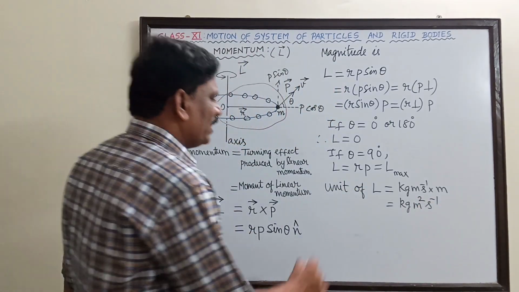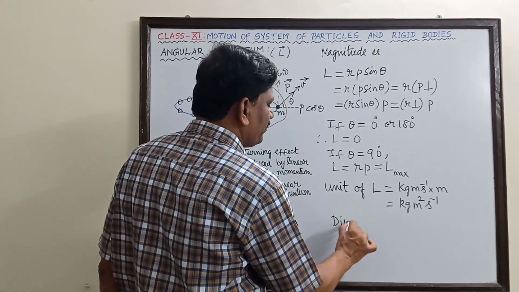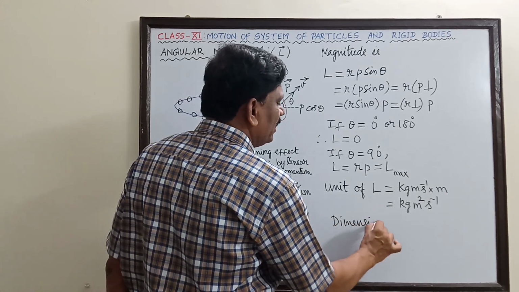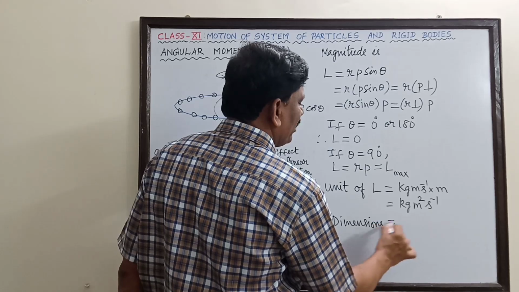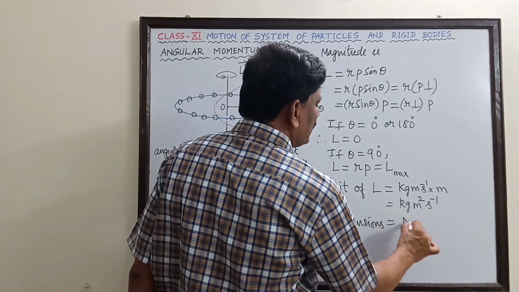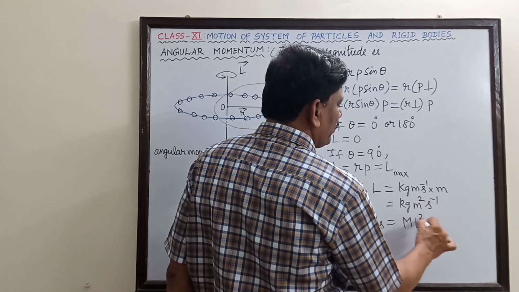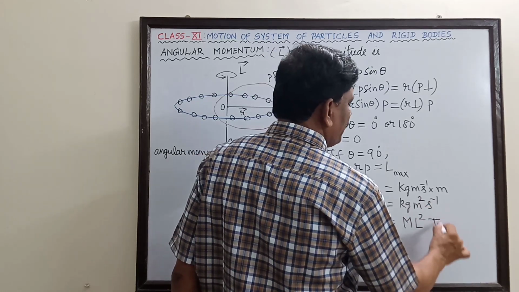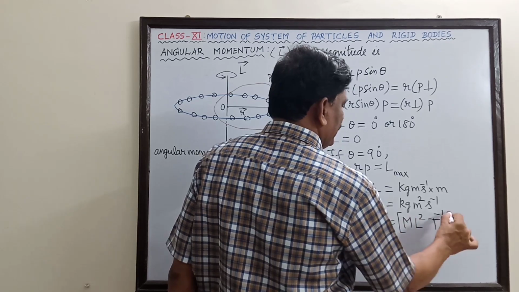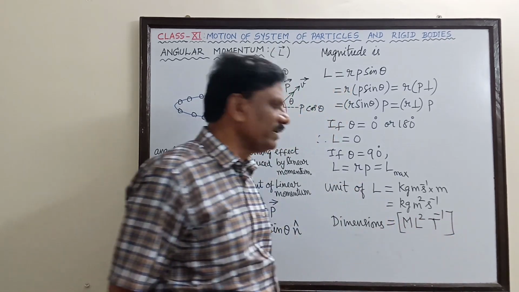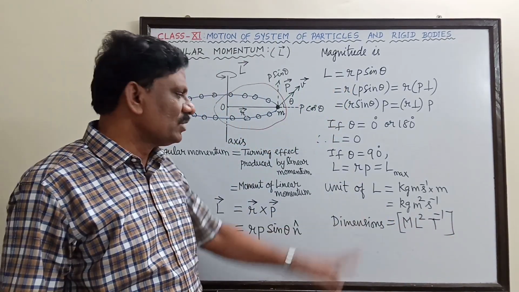Okay. So what must be the dimensions of this angular momentum? Kilogram is mass, so this is capital M. This is meter square, so it is L square. And this is second power minus 1, so T power minus 1. The dimensions are M L square T power minus 1.